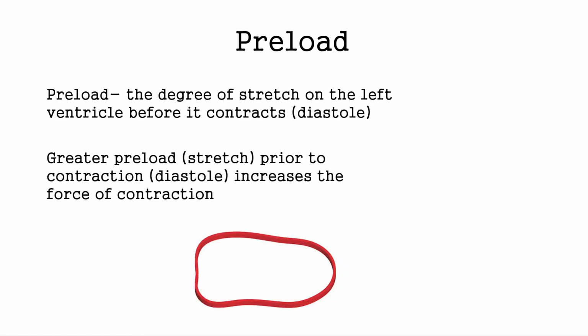So preload is the degree of stretch on that left ventricle before it contracts. The greater preload prior to contraction increases the force of contraction, right? So we just talked about how that left ventricle earlier was preloaded out, right?